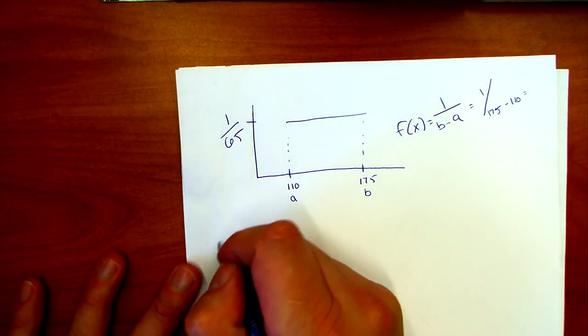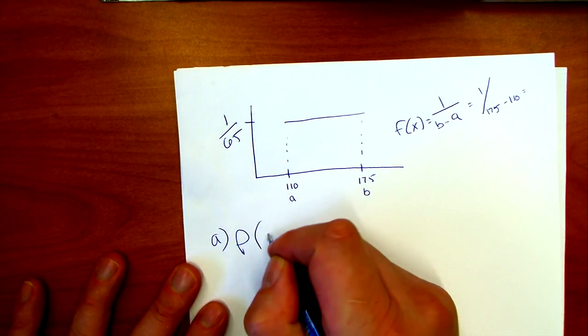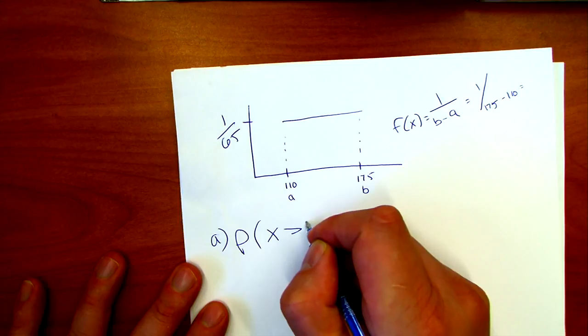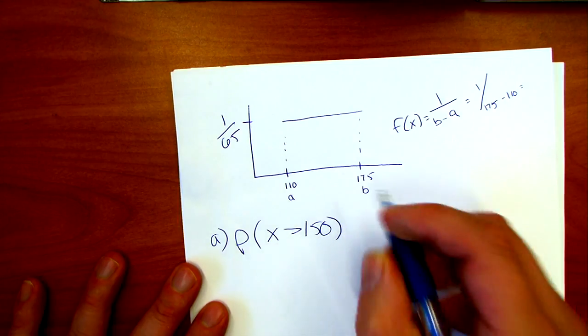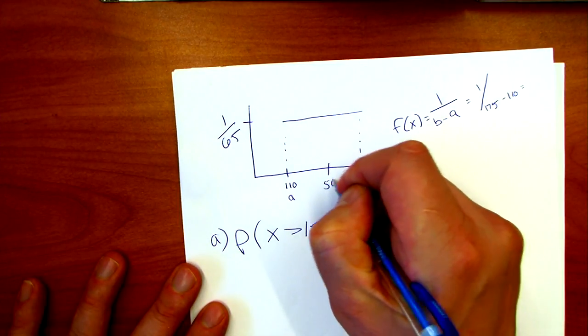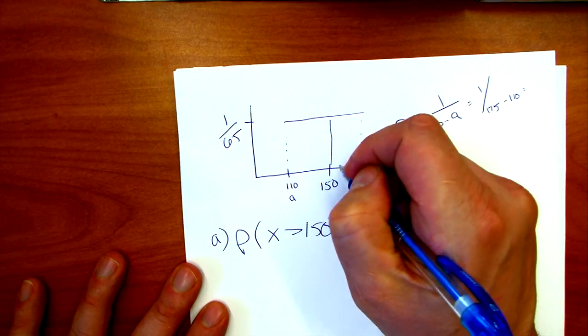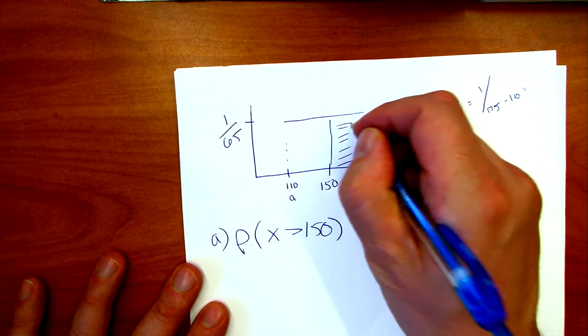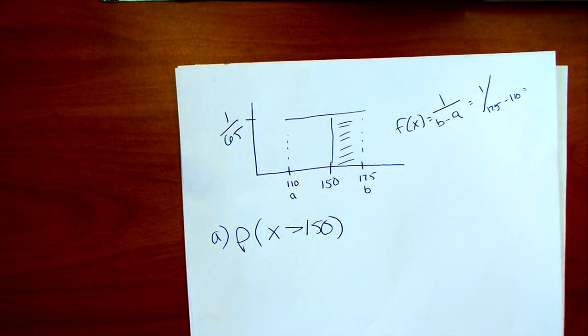So the first one, part A, says what is the probability that the steel mill will produce more than 150 metric tons? Well, let's see, 150 is here. We want more, so we want to find the area under the curve greater than 150. The area under the curve represents probability, remember, because it's continuous.